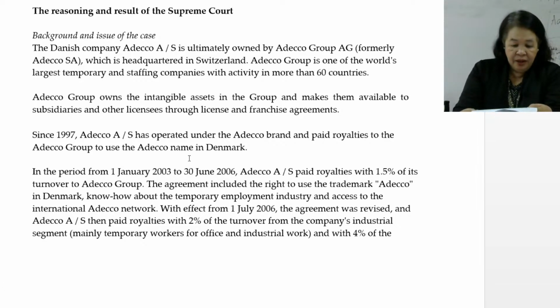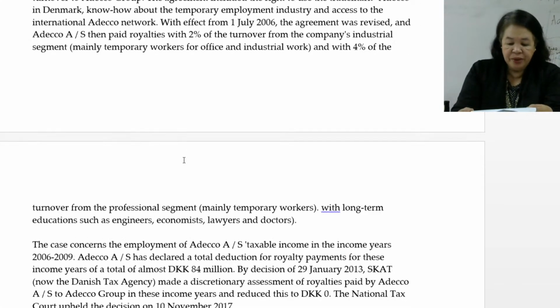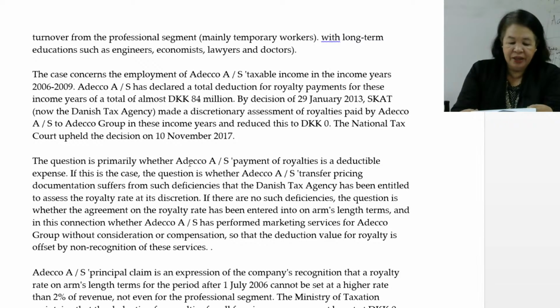Okay. The case concerns the assessment of Adecco's taxable income in the income years 2006 to 2009. So ito yung assessment. Adecco has declared a total deduction for royalty payments for those income years of a total of almost 84 million Danish krone. Ang laki, no?